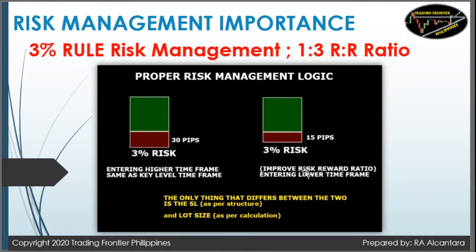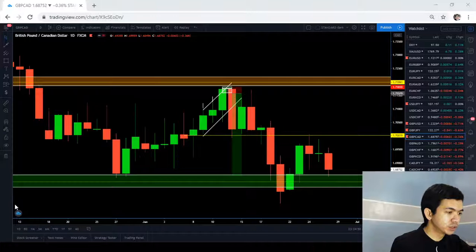Again, we want to improve our risk-reward ratio. If we enter on the higher time frame, you would occupy a very large stop loss. So, go back to the charts. Again, monitor the charts on a higher time frame and enter on the lower time frame.